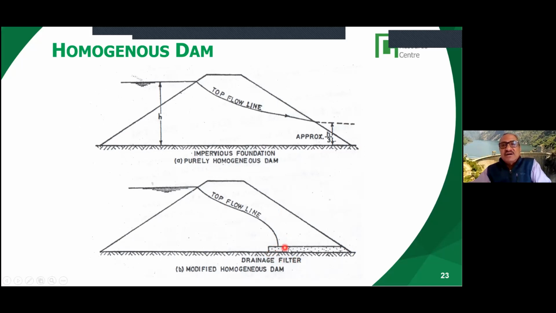So you see there is a drainage filter. There are some slightly looser materials which will attract the seepage and draw it. So these are basically what a homogeneous dam is.